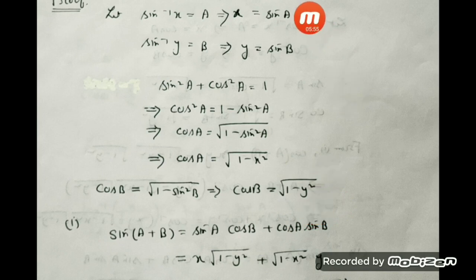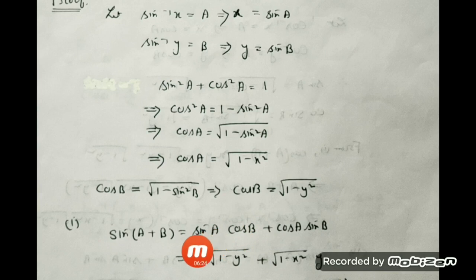So you see, you have the result. You are going to use the formula for sin of A plus B, where I have to use sin A cos B plus cos A sin B, and all the values we have obtained. So simply substitute it. Since I knew earlier that in this formula I required cos A and cos B also, I did these things previously, before using the formula.